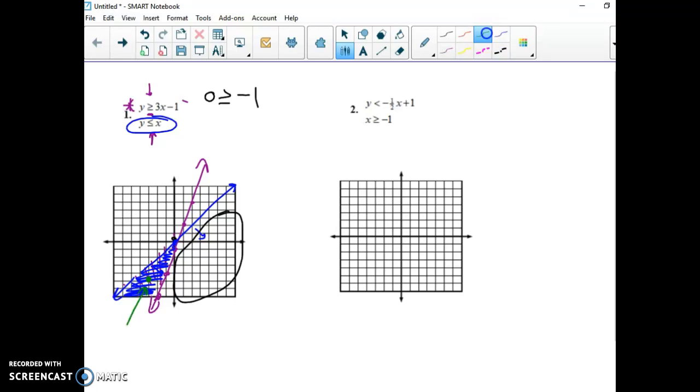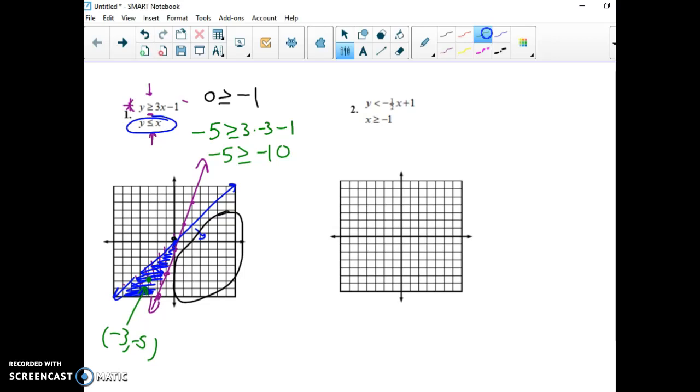This point appears to be negative 3, negative 5. If we input negative 3, negative 5 into both of these functions, you would see that negative 5 is greater than or equal to 3 times negative 3 minus 1, or negative 5 is greater than or equal to negative 10, which is true.